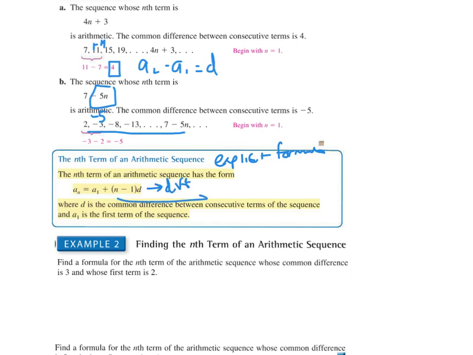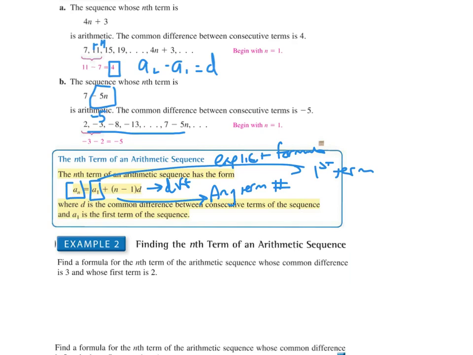N is any term number. So say you're given your first term, that would turn into A1. This is literally A1, which is your first term. So say your first term is 2, that's what you'd plug in for A1. And then AN just means any term.